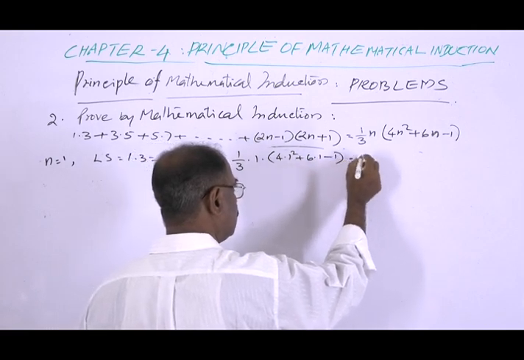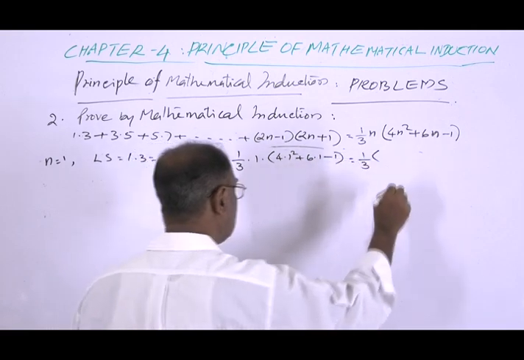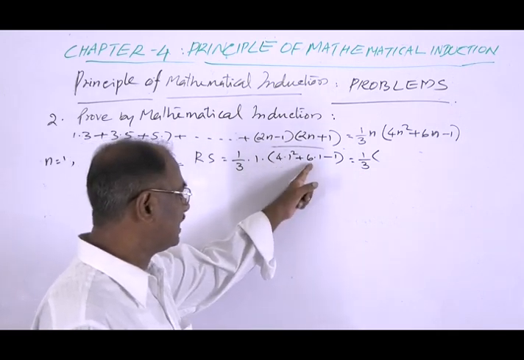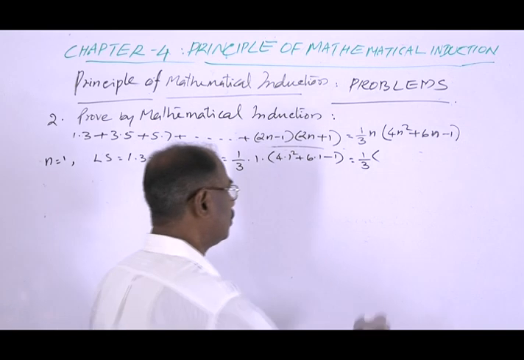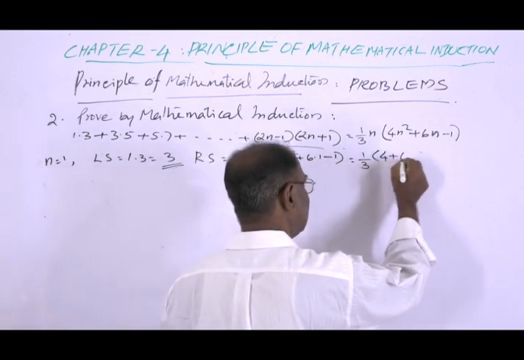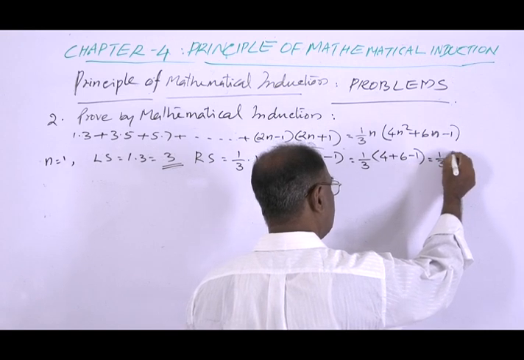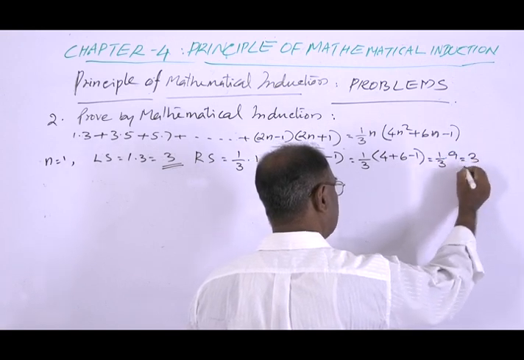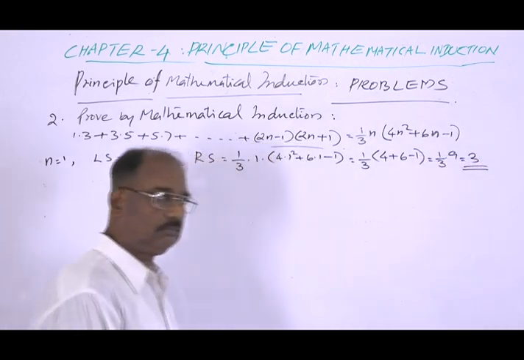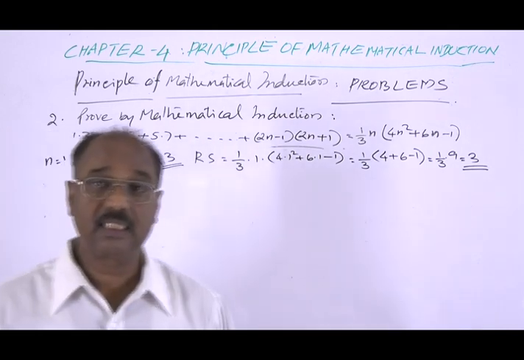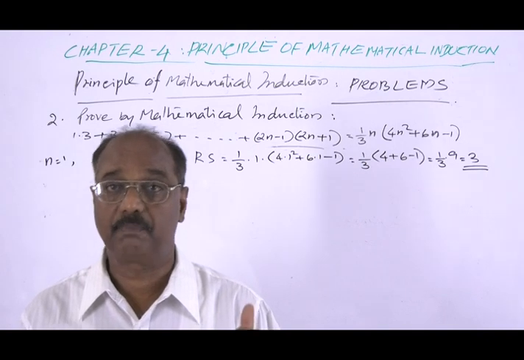So this is 1 by 3 into (4 plus 6 minus 1), which is 1 by 3 into 9, which is equal to 3. Left side equals right side. That is, the result is true for n equal to 1.